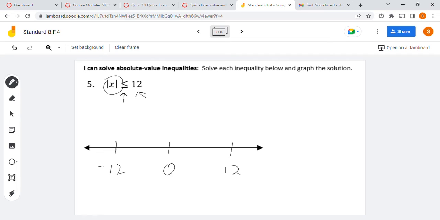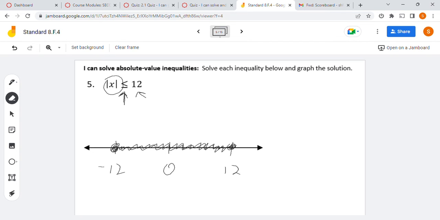If our distance is less, then we are going to be closer to 0. And so we're going in between the two 12s. All of these places would be closer than 12. Since we're allowing it to be equal to 12 as well, we're going to fill in a closed circle on both of those. And we cannot get farther away, so these ends we're going to leave blank.